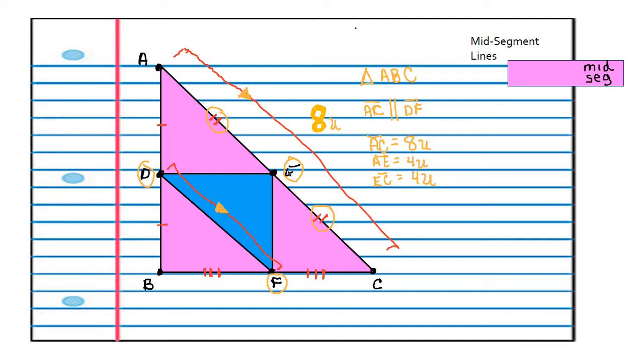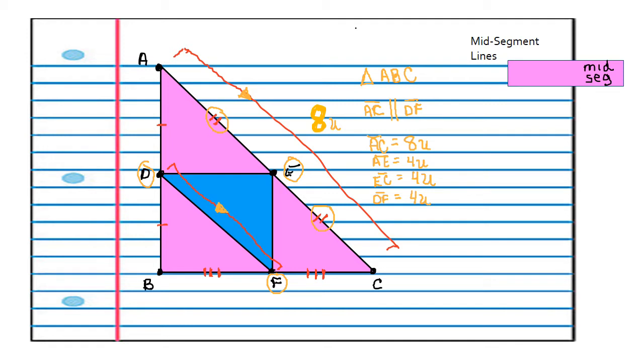Okay, so because that is 8, then we know that the line from D to F, the next cool thing that happens with mid-segments, talking about the middle all the time, that's what the mid means, is also going to be half of the original, which is also going to be 4 units.